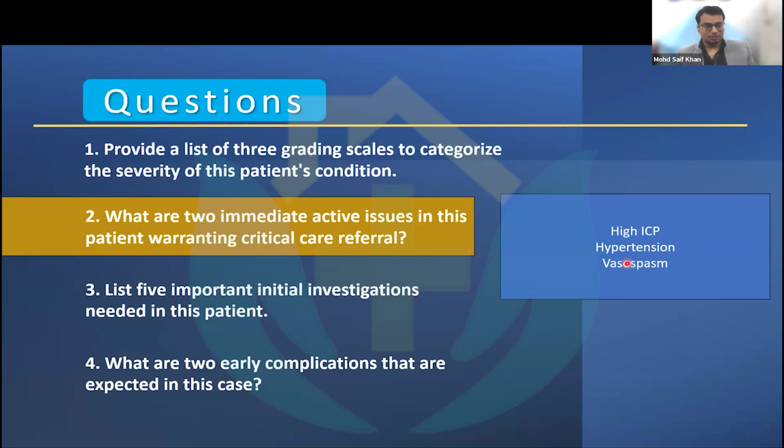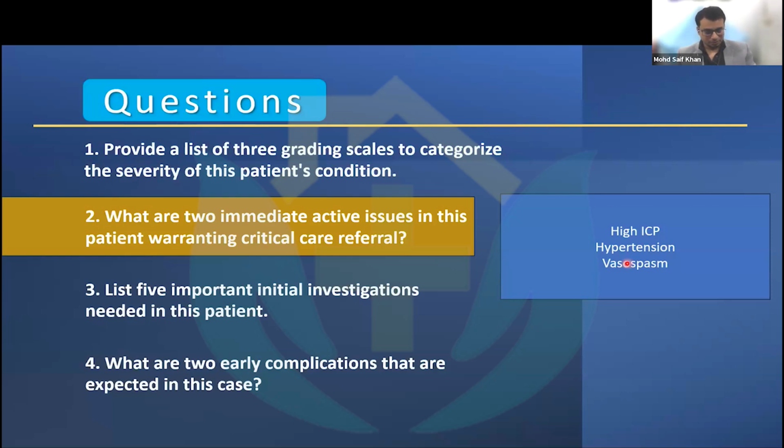If the amount of blood is more and it has clotted already, the clotted blood will lead to hematin, the iron outside the clot, and it will irritate the blood vessels and lead to vasospasm. That is the possibility if the patient has severe SAH, but better not to mention vasospasm here.